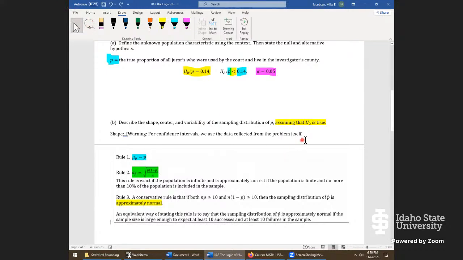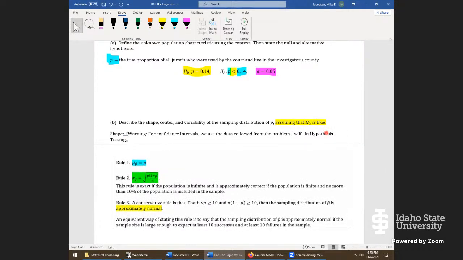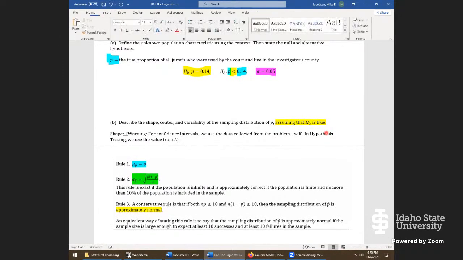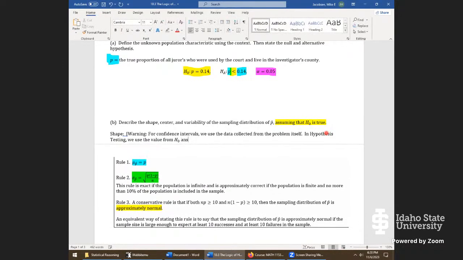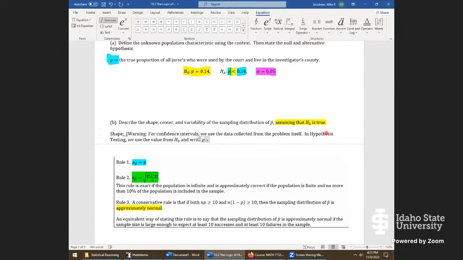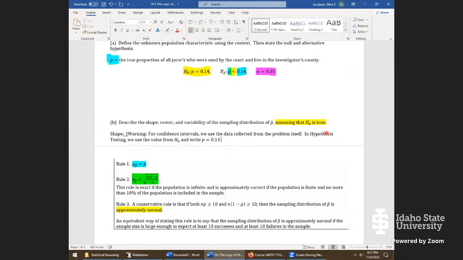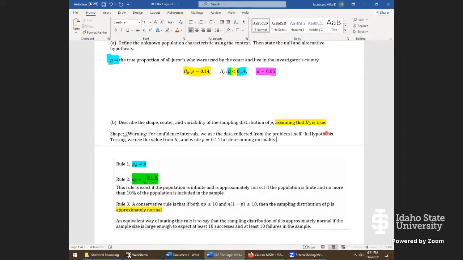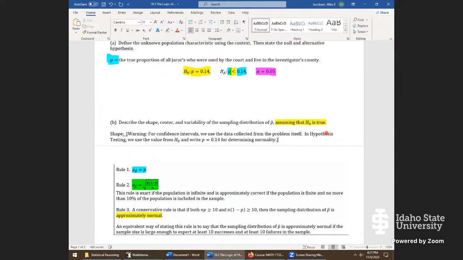So back down from the warning, we can now say, in hypothesis testing, we use the value from H naught, and write P is 0.14 for determining normality, or if the sampling distribution is normal enough.